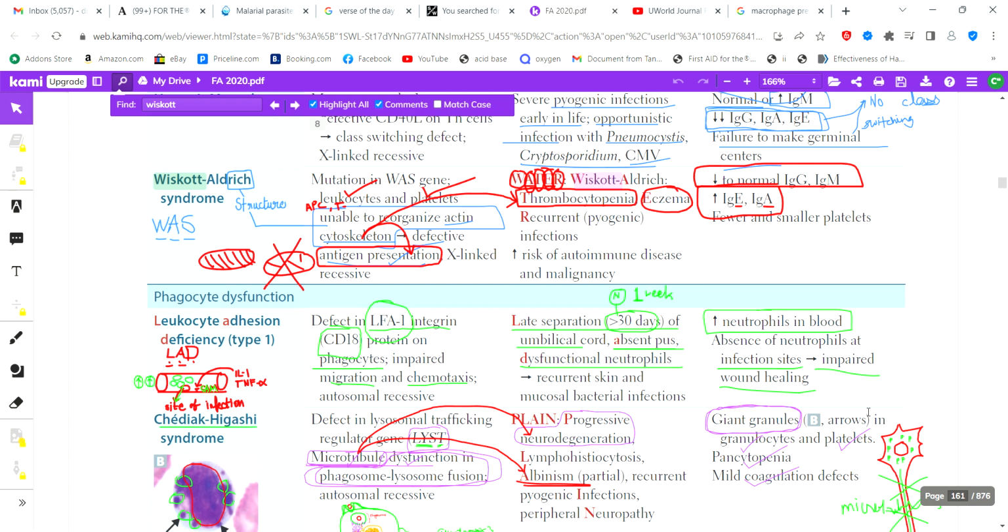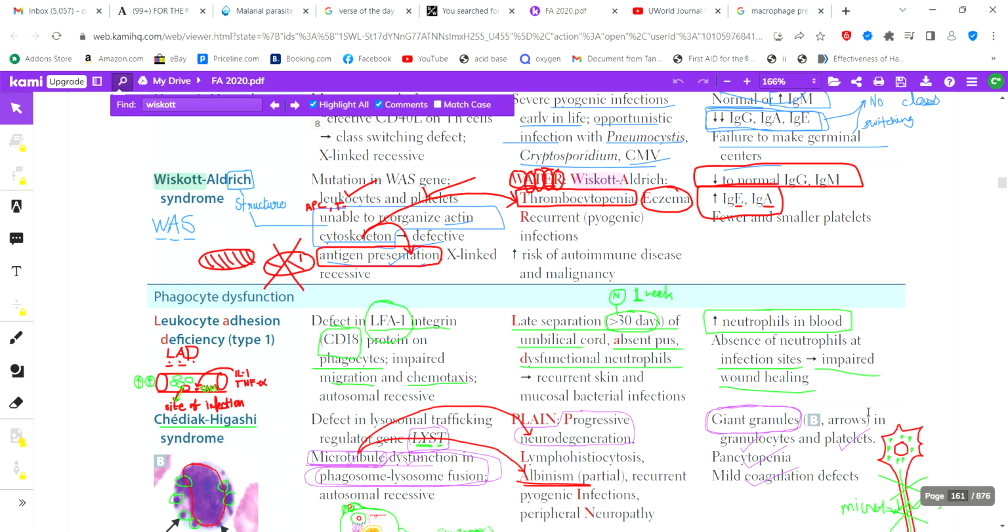Leukocytes, which are the antigen presenting cells like macrophages, and the platelets are unable to recognize the actin cytoskeleton, so the platelets crumble because there is no cytoskeleton.